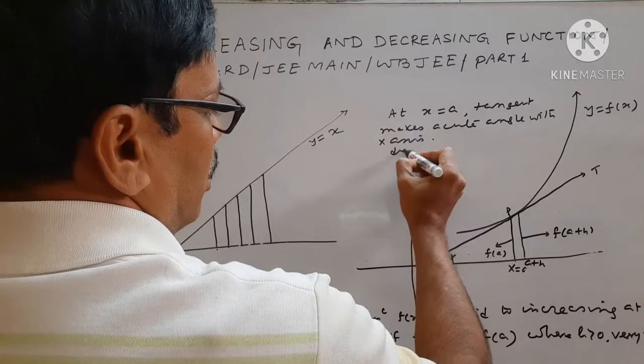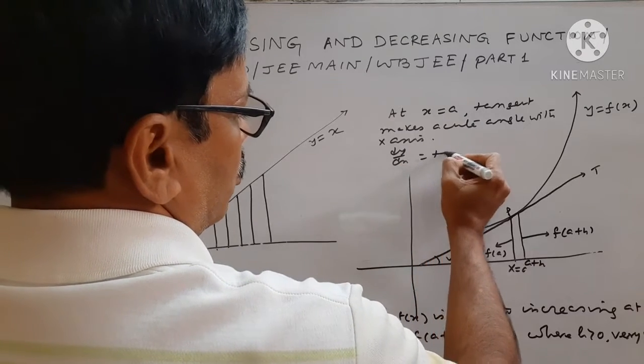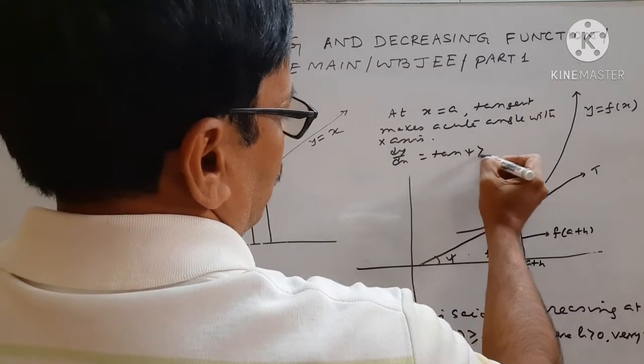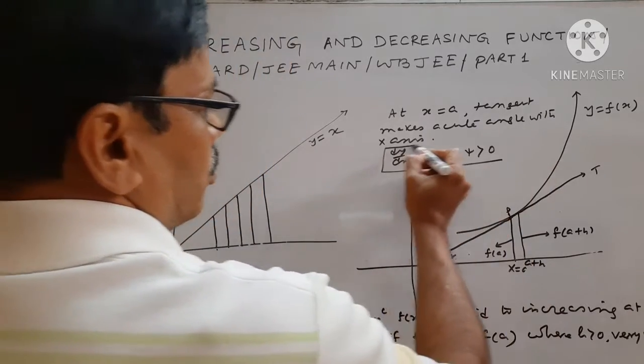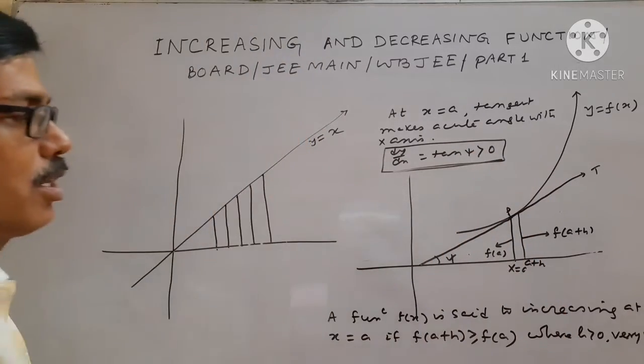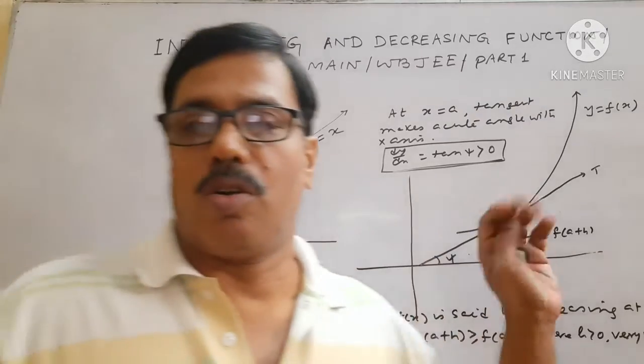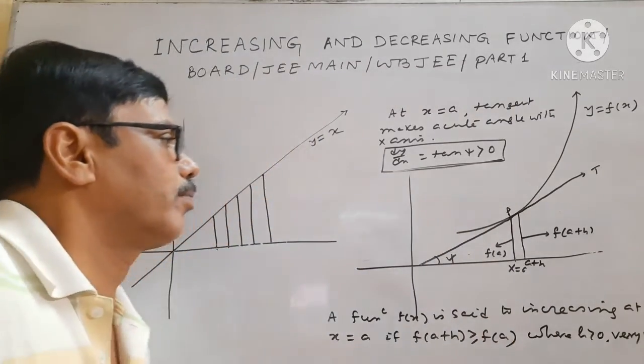Therefore, dy/dx equals tan psi, which is greater than 0 for an acute angle. So this is the condition of increasing function.